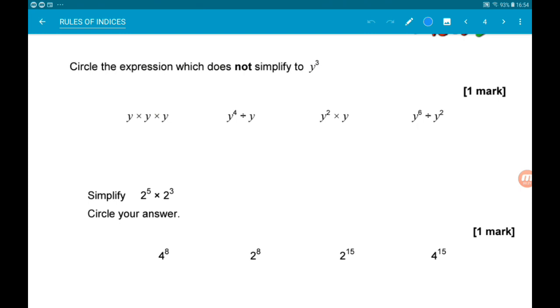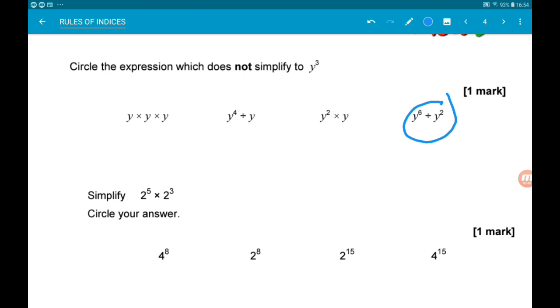So the power would be 4 minus 1. So that does. y squared times y. That does. y to the power 6 divided by y to the power 2 would be y to the power 4. So that is our guy.